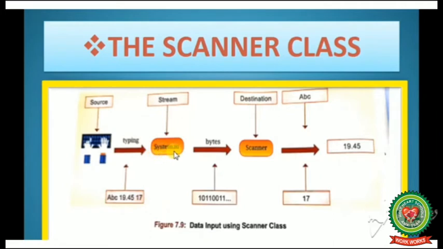With System.in, with the help of this path, the data changes into bytes, that is 10110011, and when it reaches the destination with the Scanner class, again the data changes into its normal state, that is string or float or double. So with the help of input with the Scanner class, the data firstly changes into bytes and again on the terminal window it comes into its original state.